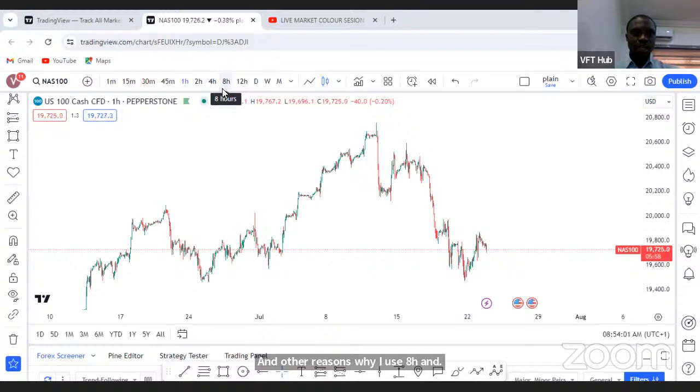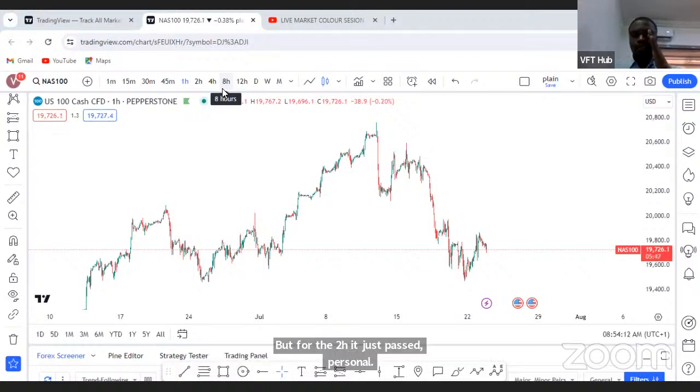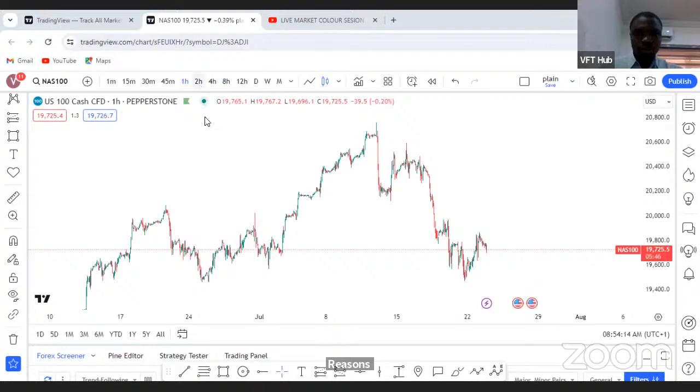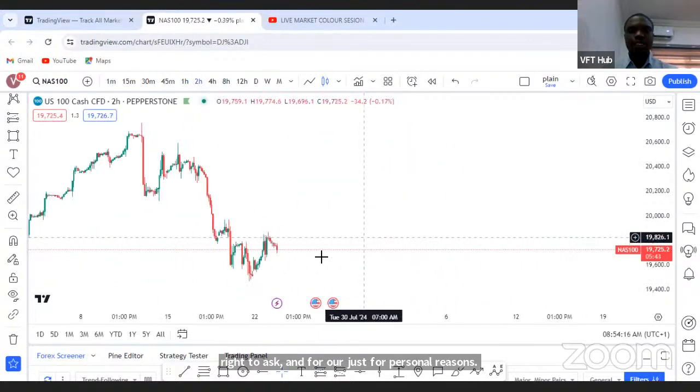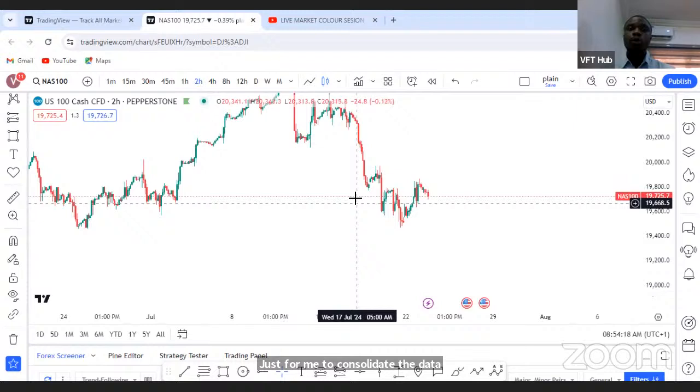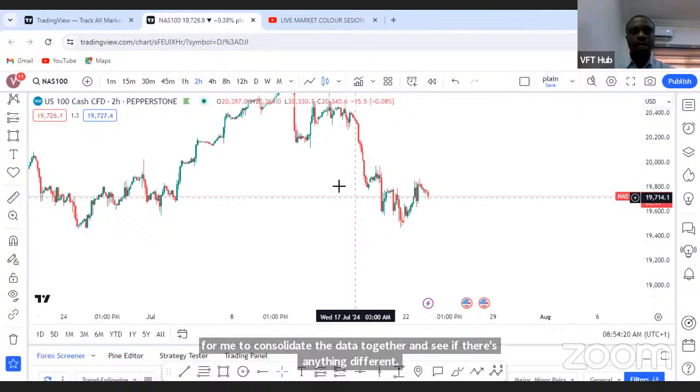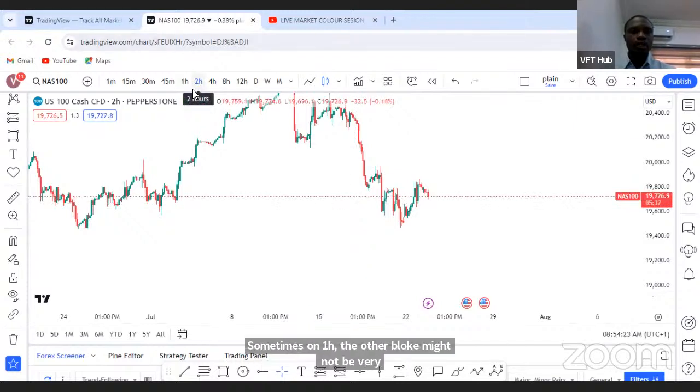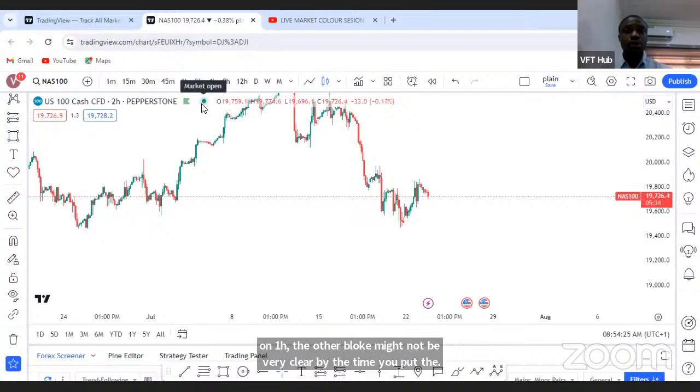Other reasons why I use 8 hours and 12 hours are probably for FX bootcamp students. But for the 2 hours and 4 hours, it's just personal reasons, just for me to consolidate the data together and see if there's anything different. Sometimes on 1 hour, the order block might not be very clear. By the time you put the charts on 2 hours, you're going to see it clearly, and then from there you can engage.